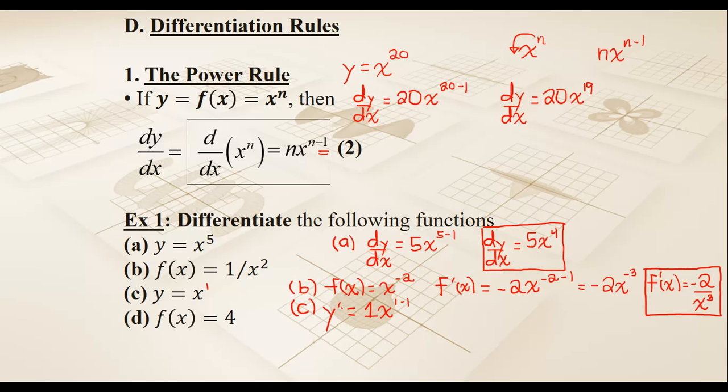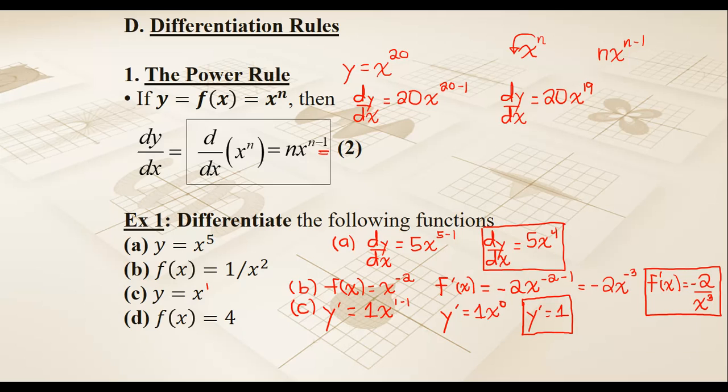So y prime would be 1x to the 1 minus 1, which is y prime equals 1 x to the power of 0. And x to the power of 0 is 1, so y prime would just be 1.